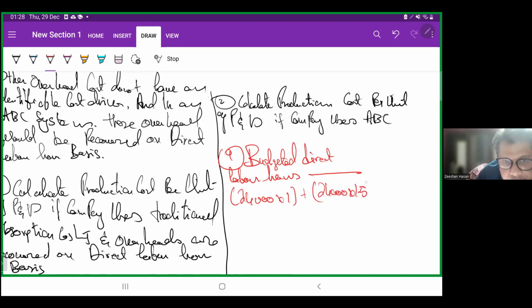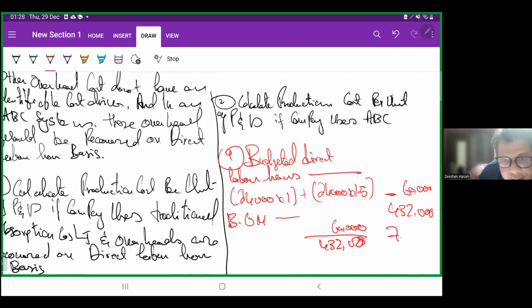So total is 60,000. Budgeted overhead is 432,000, given in the question. So 432,000 divided by 60,000, what will we get? 7.20. That is the direct labor recovery rate, or you can say the overhead absorption rate.